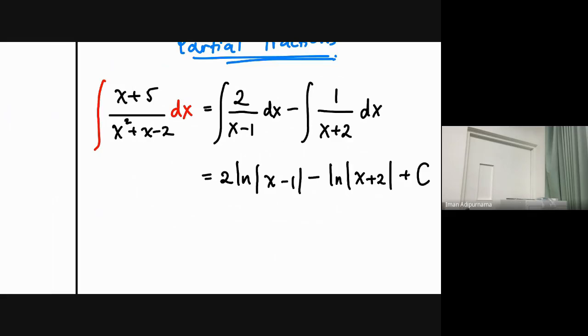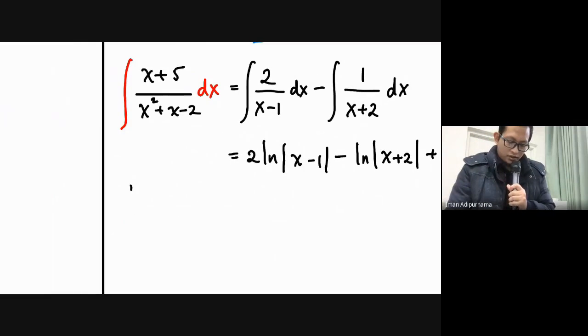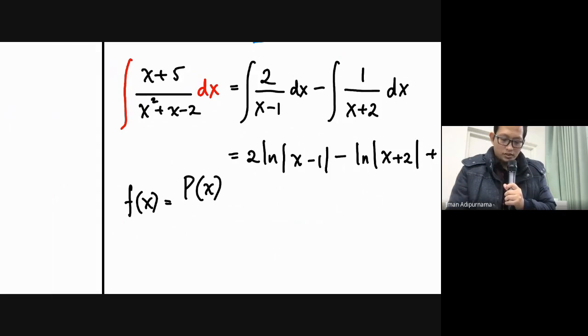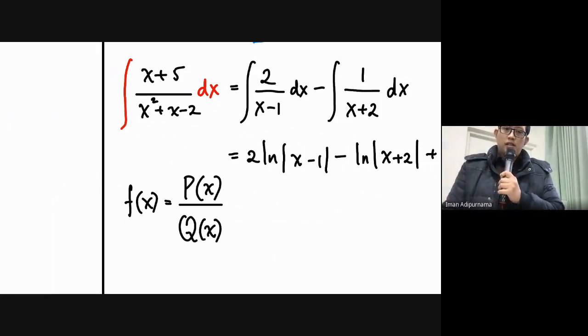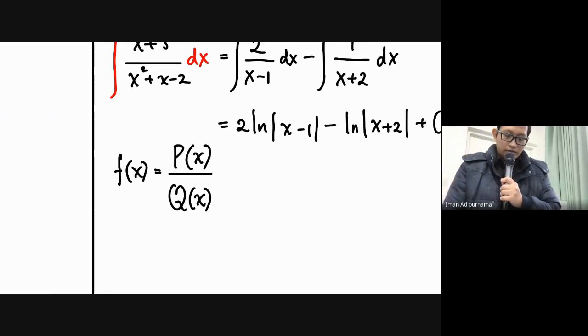Let me just write the definitions. If you have a rational function, let's say the top one is p and the bottom one is q. p is for polynomial, q is the denominator function.